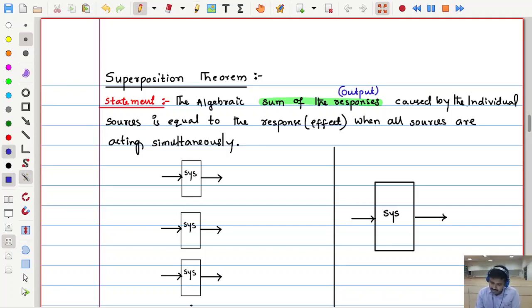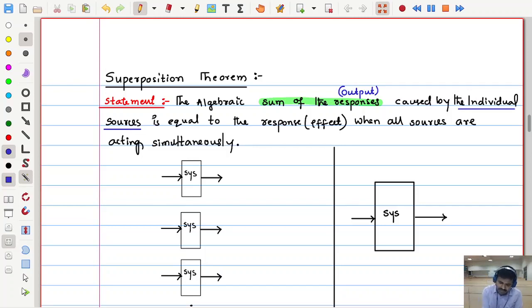The individual sources are the inputs. Now we are saying that the sum of the responses caused by, that means because of, these individual sources, produces some outputs.